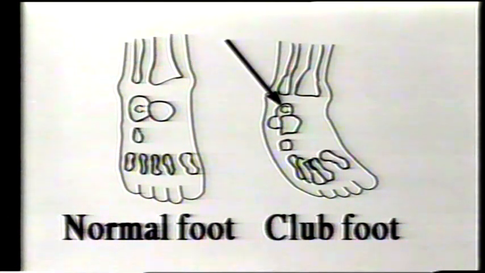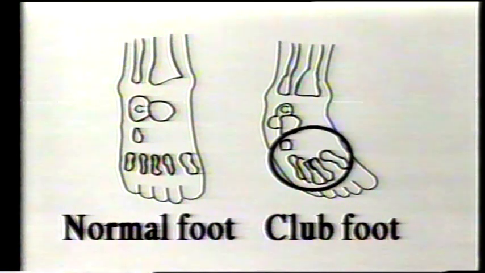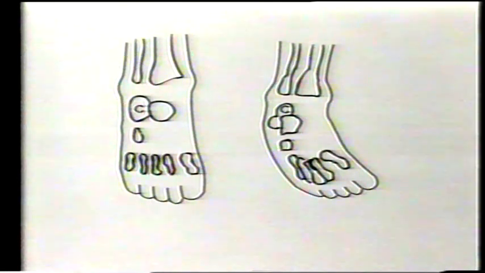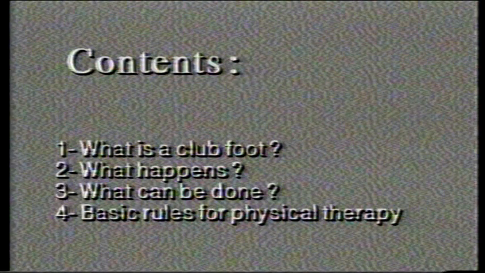The calcaneum is in varus, provoking adduction of all tarsal and metatarsal bones. Equinus and adduction of the front of the foot result in inversion. The muscles and tendons become adapted to this deformation and maintain it with contracture of the plantar flexors and inverters and stretching of the everters.